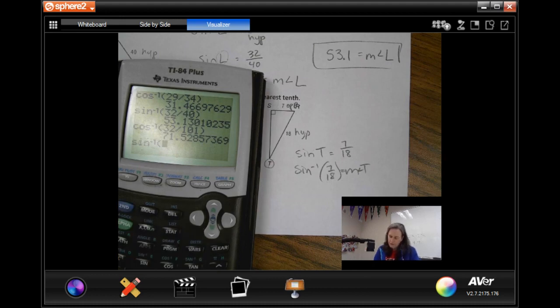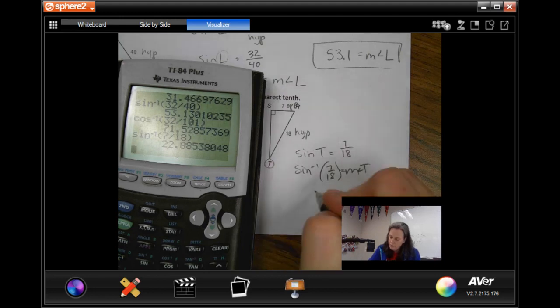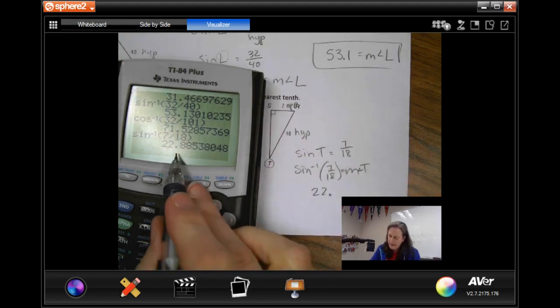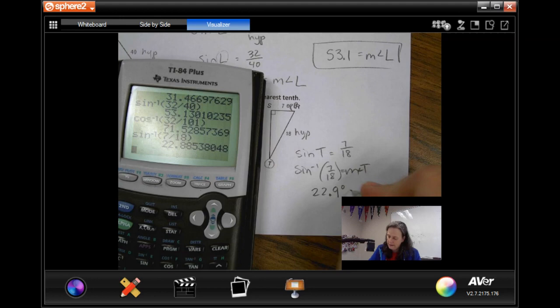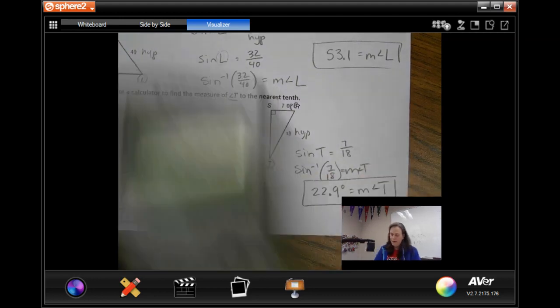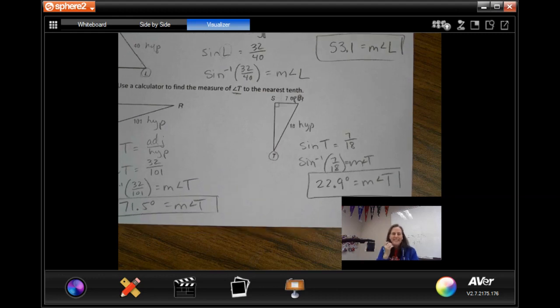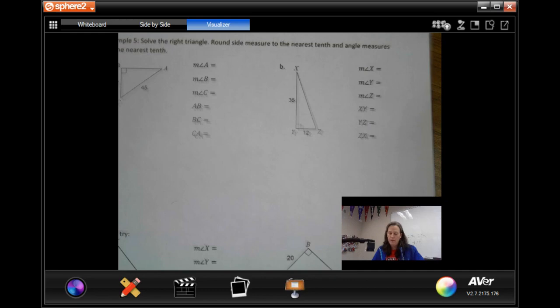Sine of 7 divided by 18 is 22 point, and if I'm rounding that to the nearest tenth, 9 degrees equals the measure of angle T. Okay, hopefully you got that. Yes, way to go. Let's turn this over then.